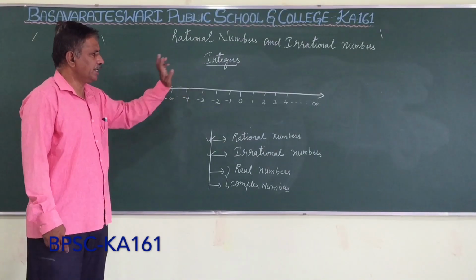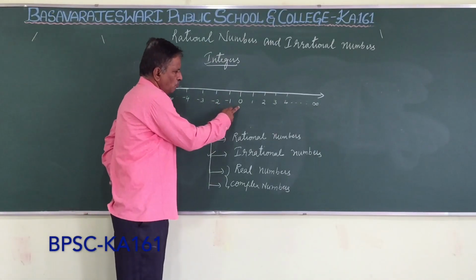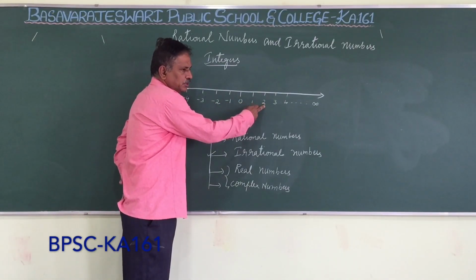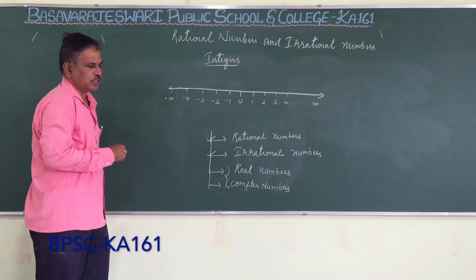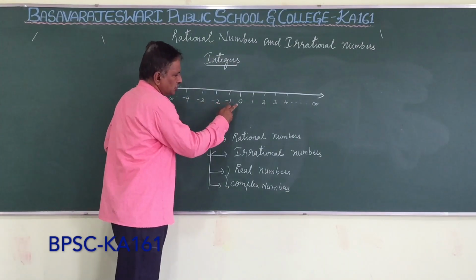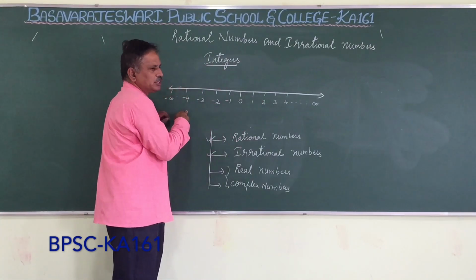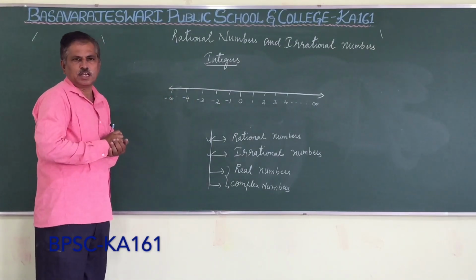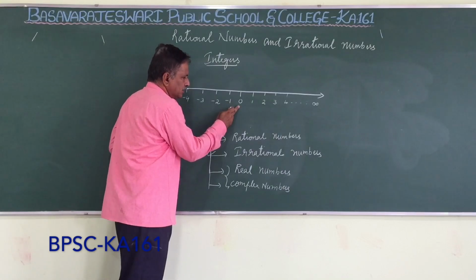Next are integers. Integers means what? 0, all the counting numbers and the mirror image of the counting numbers. See, 0 we have taken as an integer.